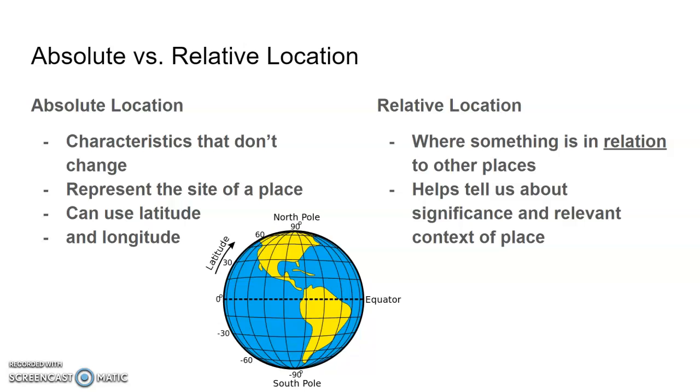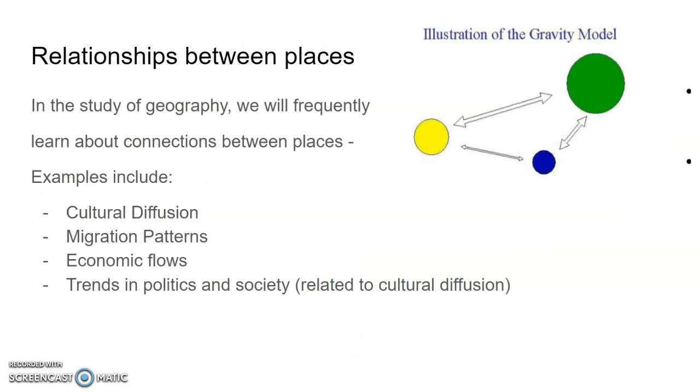So using something else to describe where something is, thinking about characteristics of place that might change, it helps us tell a little bit about the significance and the relevant context of where something is. So those are the differences between the two, and they have some connections to what we would call spatial analysis. Really the meat of what we're talking about today is how we look at some of the relationships that exist between places and between different characteristics of places.